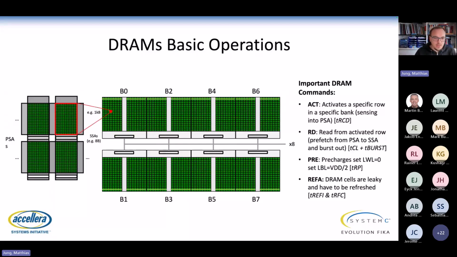Usually every 7.8 microseconds, we have to refresh a row. And this we do basically, so in 64 milliseconds, we can refresh all the rows in the DRAM. And this also is bad for the performance, because doing a refresh, we cannot really do any access.